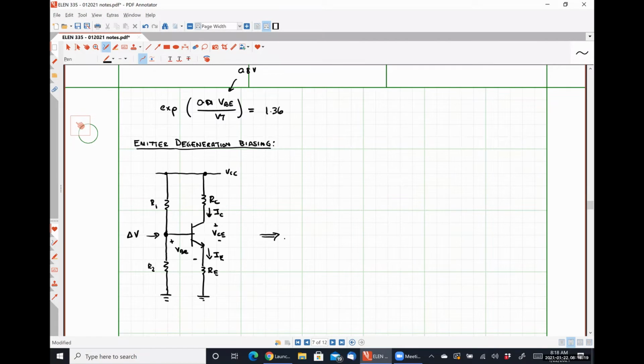So our large signal model for this guy is going to look something like this. Notice we still have the resistive biasing scheme on the left-hand side. So I'm going to replace that with a Thevenin equivalent voltage in series with a Thevenin equivalent resistance. So there's my Thevenin voltage.